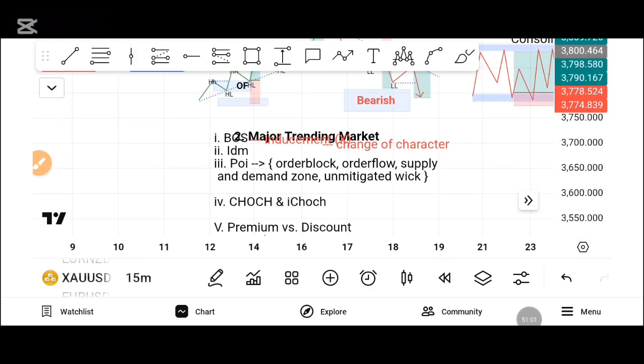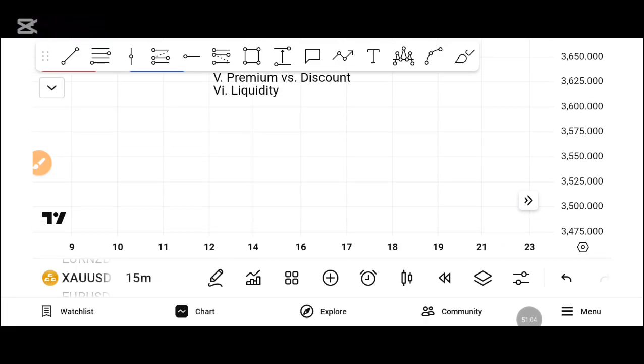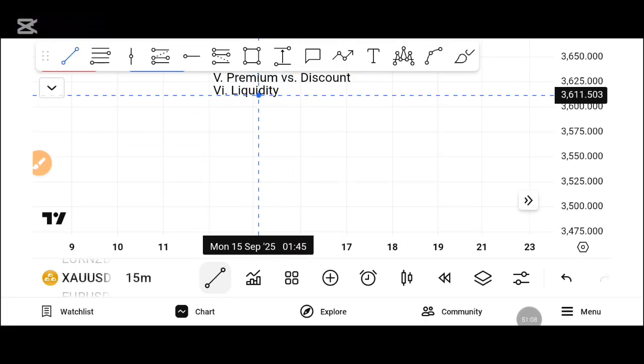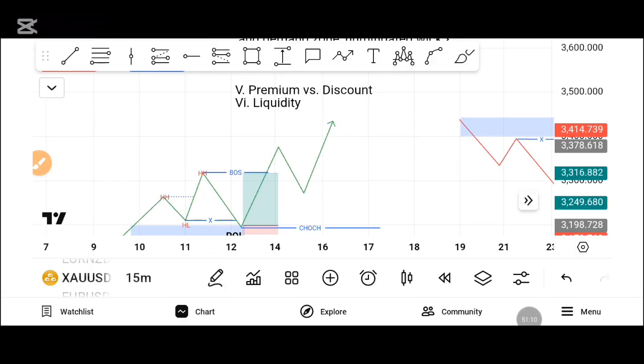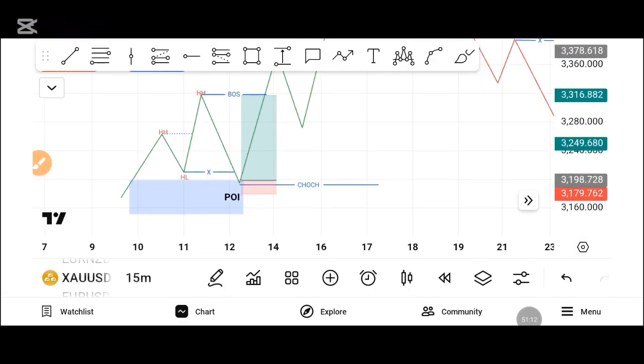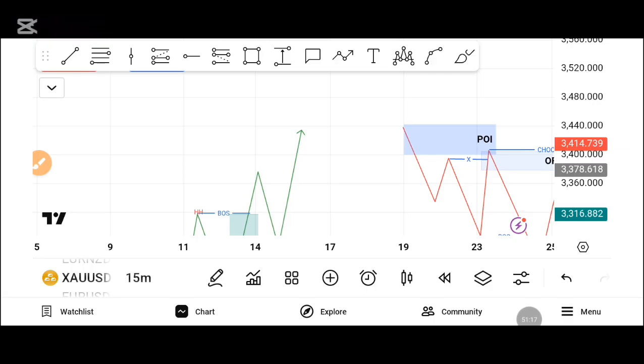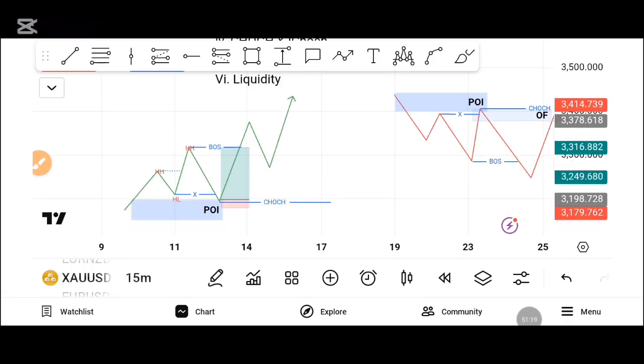And the last on our list is liquidity, which I'm going to explain last. So what is liquidity? Liquidity is your stop losses, where you place your orders. There's liquidity below.